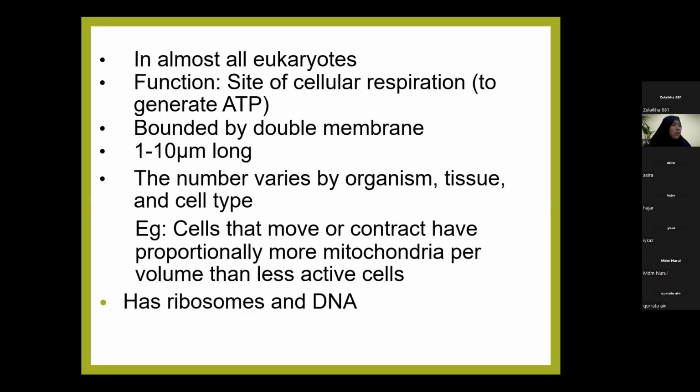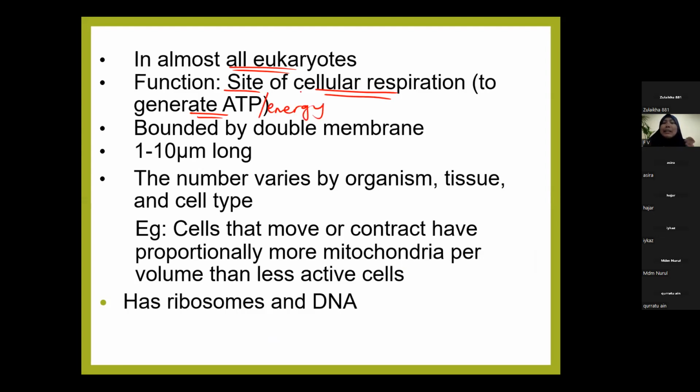Mitochondria can be found in almost all eukaryotes, protists, fungi, animal cell, and also plant cell. Okay. The function of mitochondria is the site of cellular respiration. Tempat berlakunya proses respirasi. Proses respirasi itu untuk apa? To generate ATP ataupun kita panggil sebagai energy.